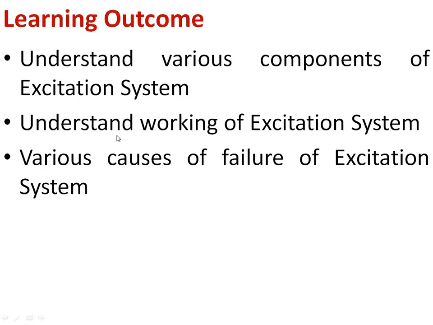Based on this IQ, VG REF is generated, which is compared with VG, and accordingly the error signal is generated to the AVR, and this AVR will control the firing angle of the excitation system. The various causes of failure of excitation system are the failure of AC supply, failure of circuit breaker, and failure of various components in the excitation system.